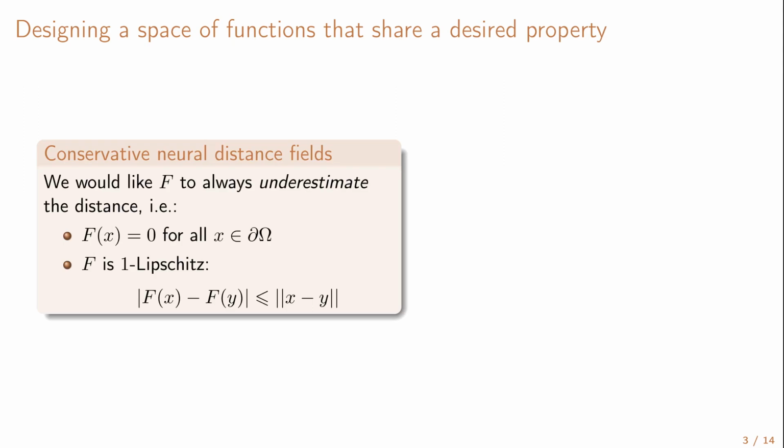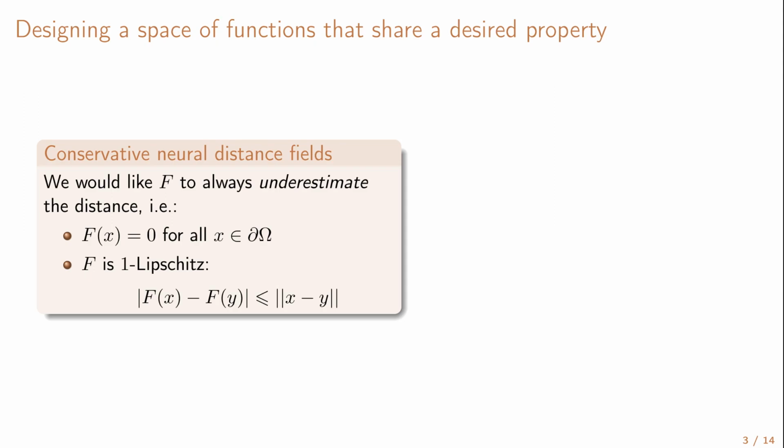That is to say, we would like our implicit field to always underestimate the true distance to the object. This boils down to two conditions. The first one is that the zero-level set should match the boundary of the considered object, and the function should be one-Lipschitz, so it always underestimates the true distance.